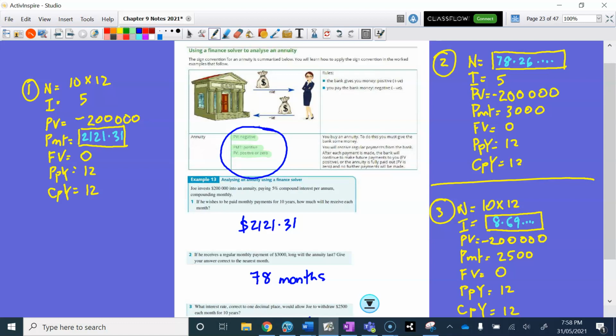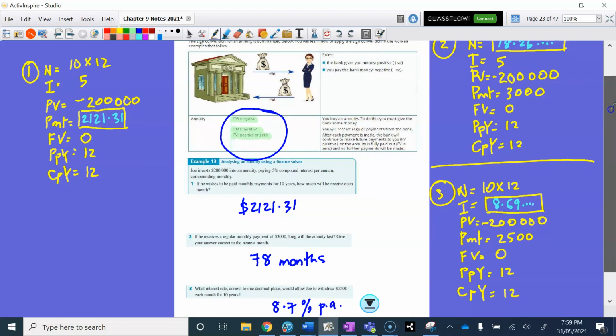Okay, if we have a look at the example that is shown in exercise 9E, example 13 is a perfect example. A little story about Joe investing $200,000 into an annuity and paying 5% compounding interest per annum, compounding monthly.